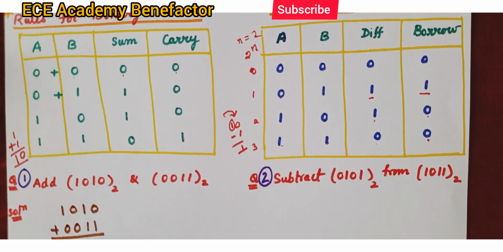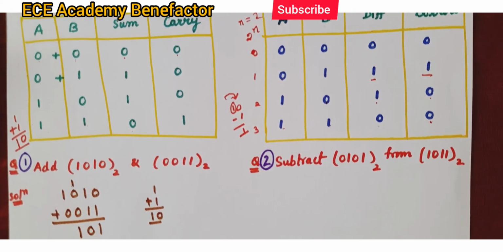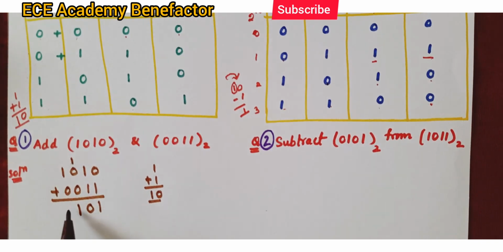So 0 plus 1 is 1, 1 plus 1, how much is it? 1 plus 1, sum is 0, carry is 1. So we will take 0 here, 1 here. So 0 plus 0 is 0, 0 plus 1 is 1. 1 plus 0 is 1.